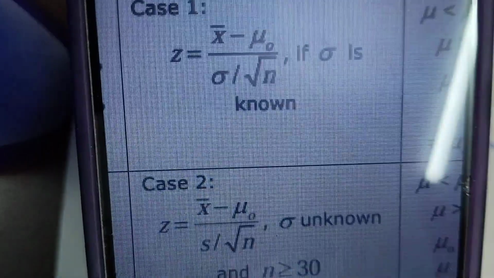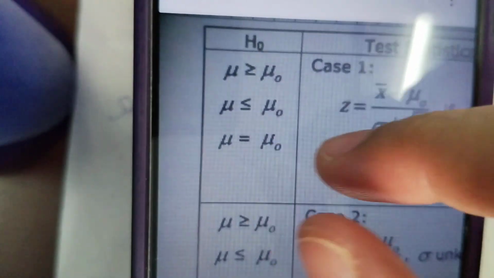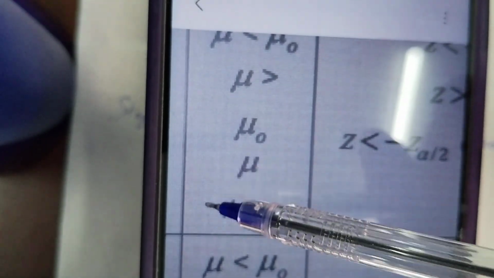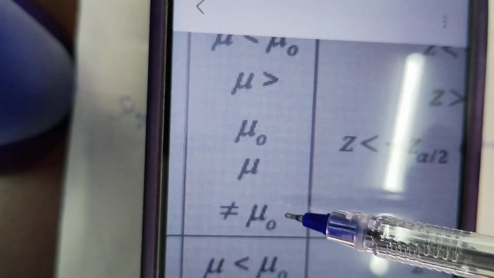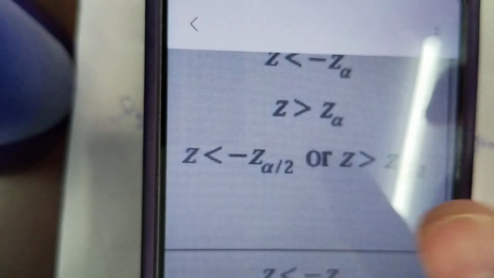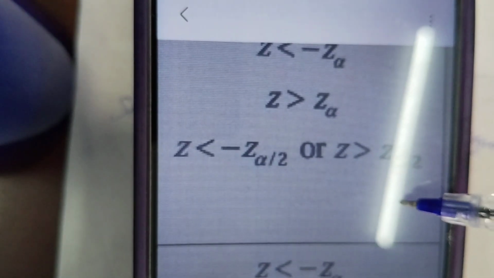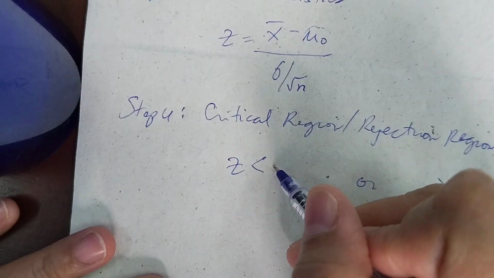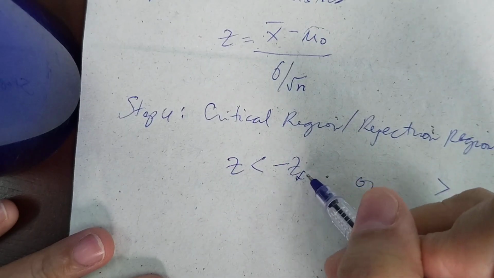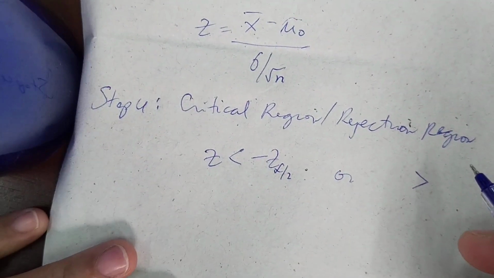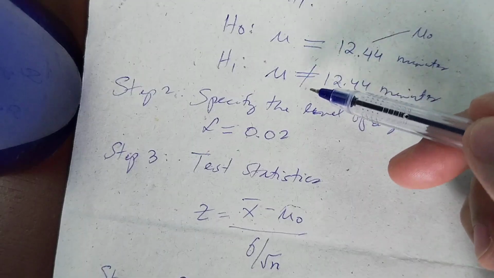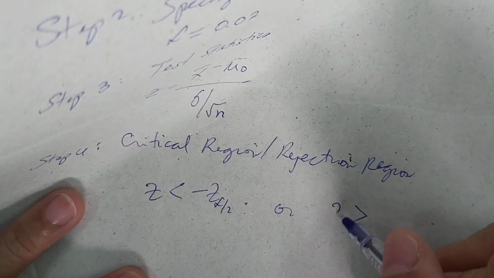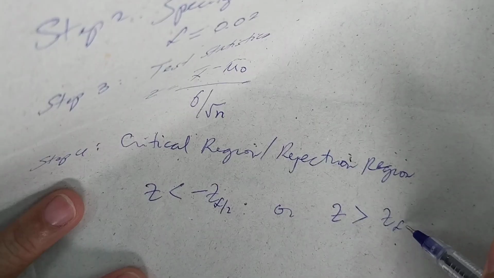When your H1 is not equal, mu is not equal to mu sub 0, this is the corresponding critical region. It's either your Z is less than the negative Z alpha over 2. When you say two-sided test, that is the not equal. For a two-sided test, we also have two critical regions. This is Z greater than Z alpha over 2.